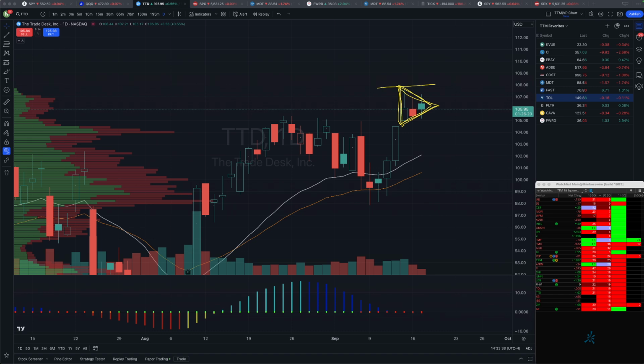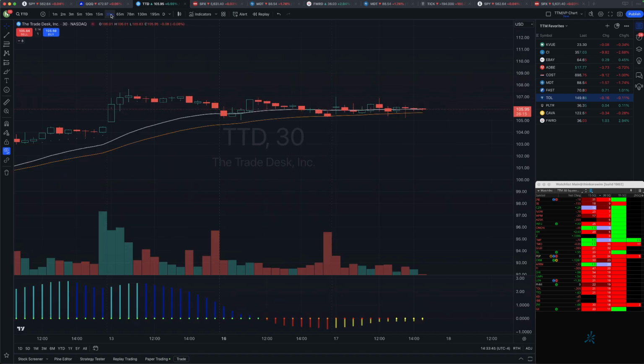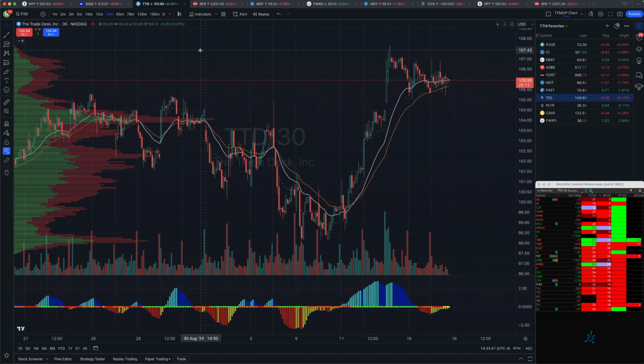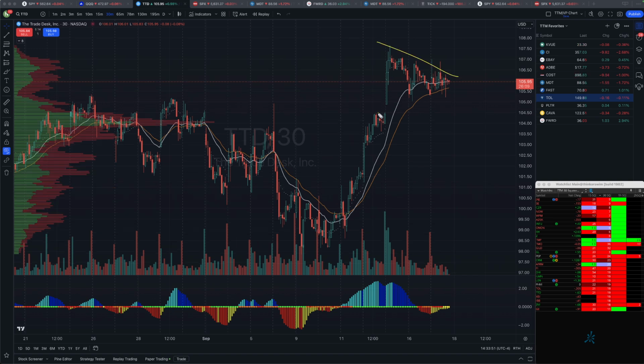And so when you go, oh, okay, that looks like we might have something on the 30-minute, and then you look at the 30-minute and boom, I have my TPS bull pennant pattern that we love to play.